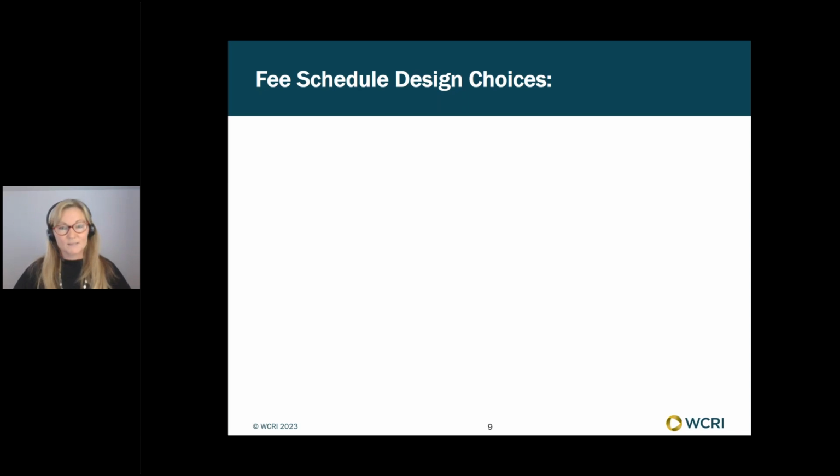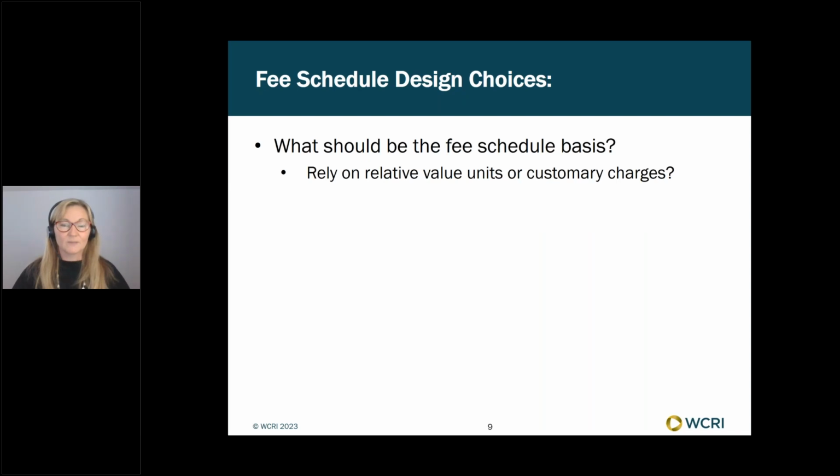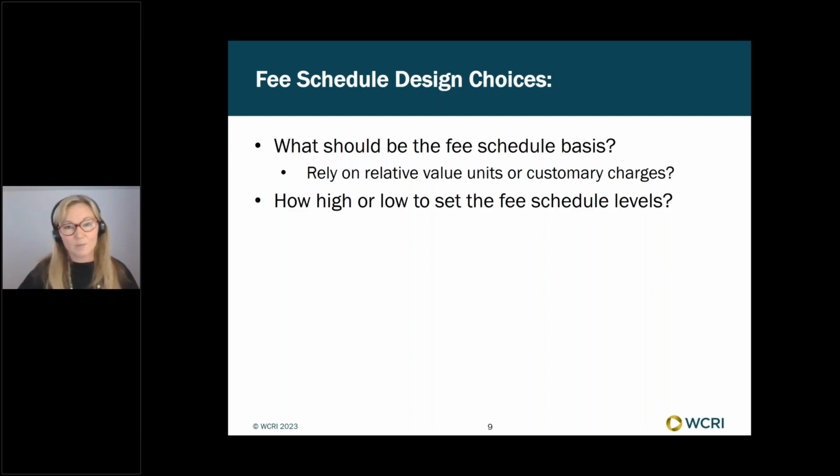So what are the central fee schedule design choices? First, the fee schedule basis. And there are several commonly used options: Medicare relative value units, other types of RVUs, also usual and customary charges. Another important question that frequently becomes a subject of public policy debates is how high or low to set the fee schedule levels.